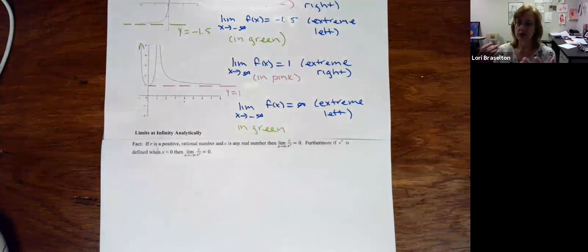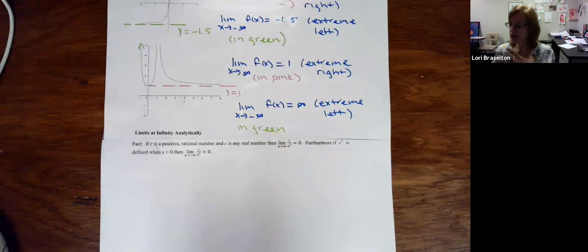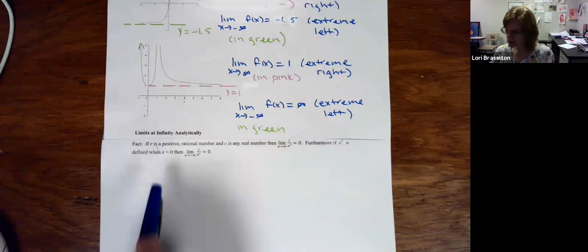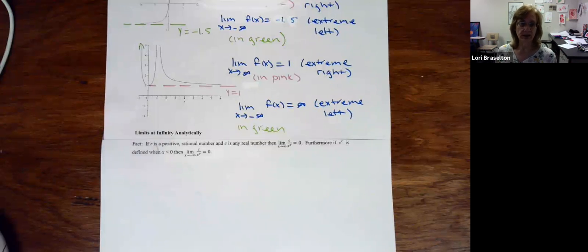And graphs are particularly a good way to check answers. But neither graphs nor charts are the ways that you should come up with an answer. You need an analytical method to get an answer. So that's what we've got here, limits at infinity analytically.